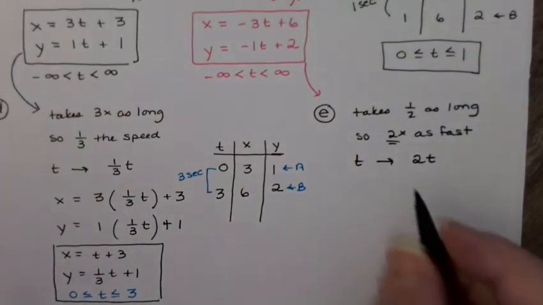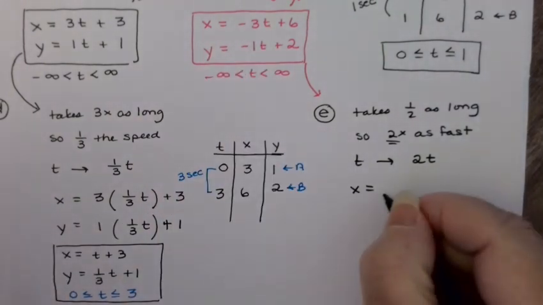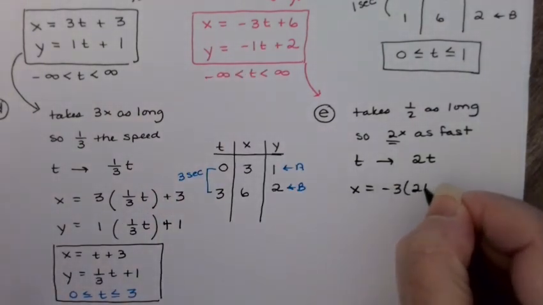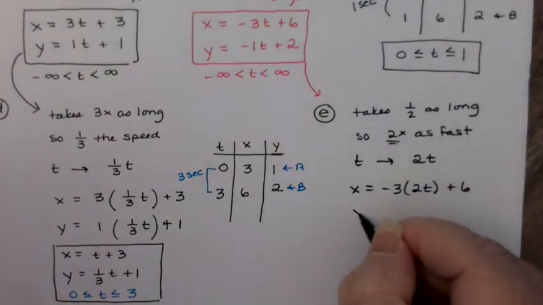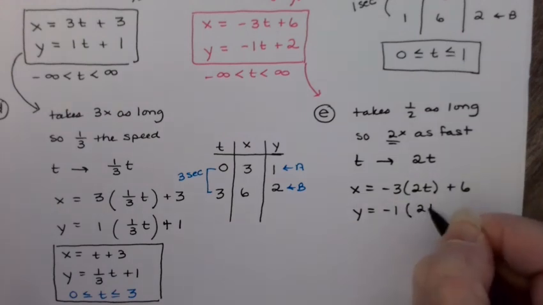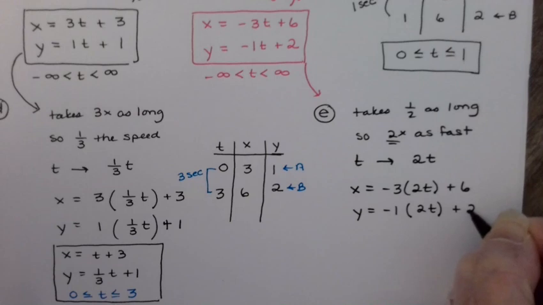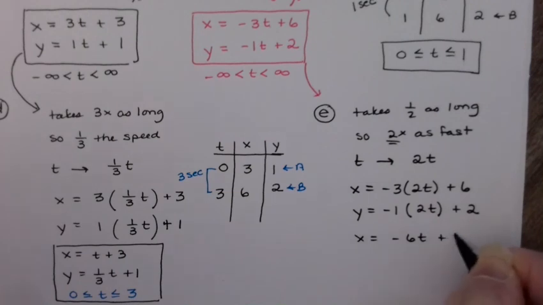So we had x equals, and let's see, I have a -3, and then I'm replacing the t with 2t, plus 6. And y was -1, and again I'm replacing the t with 2t, plus 2. So x is -6t plus 6, and y is -2t plus 2.